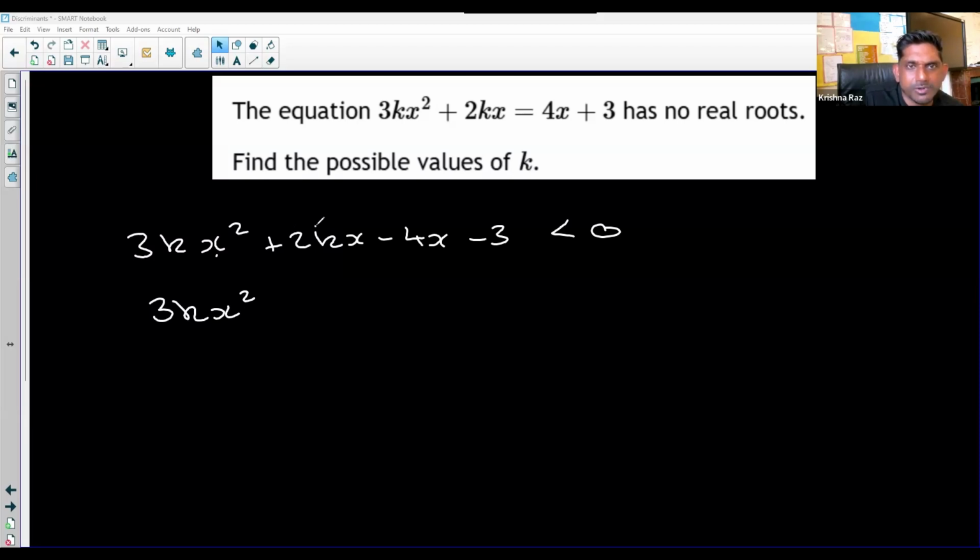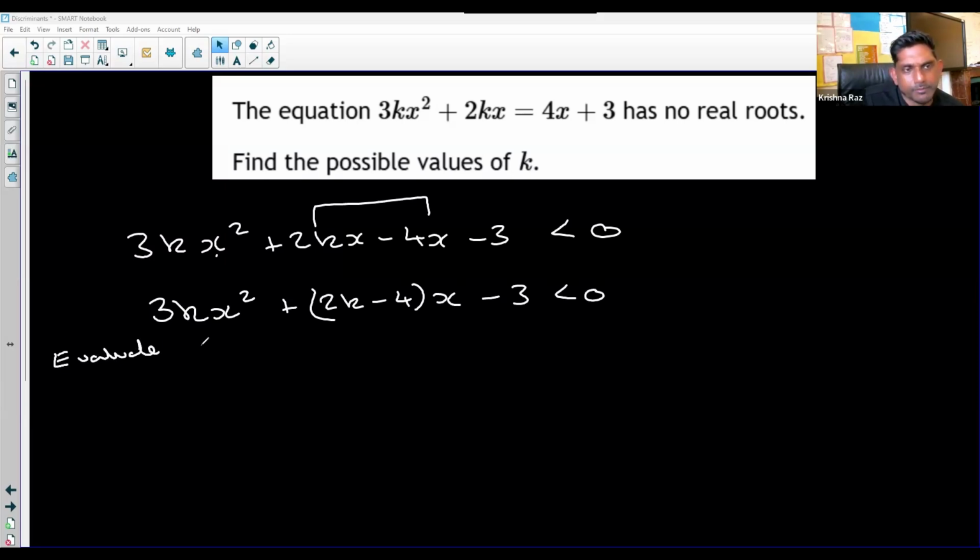We need to factorize this bit. So that's 2k minus 4x. So now we can evaluate b squared minus 4ac is less than 0. Those should be equal signs.